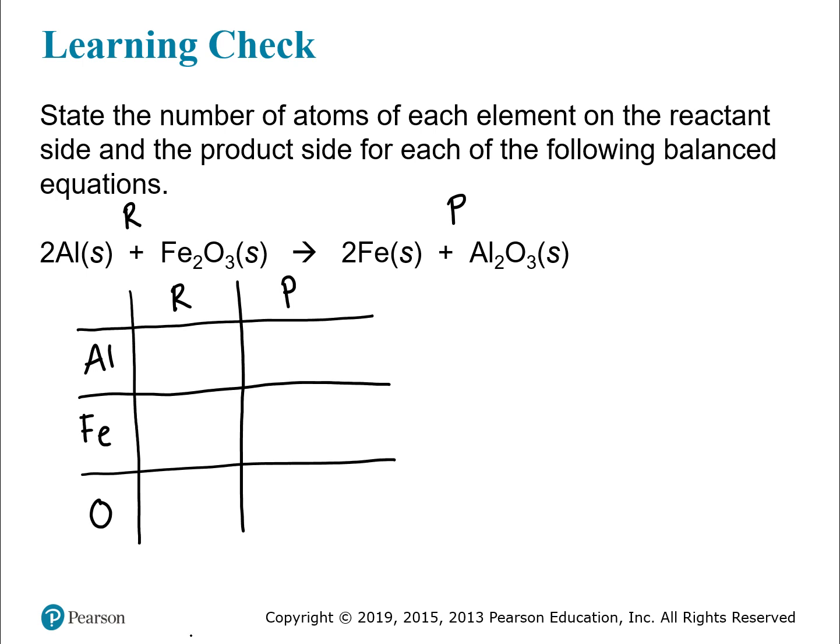I'll give you a couple of minutes. I want you to take a look, try to fill it out yourself, and then I will come in and fill it in. Okay, you guys can help me fill in the chart. Aluminum. How many aluminum atoms do you see on the reactant side?